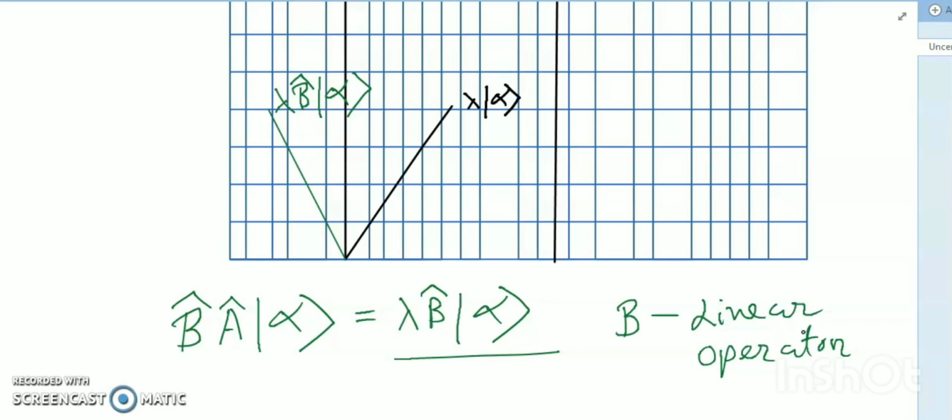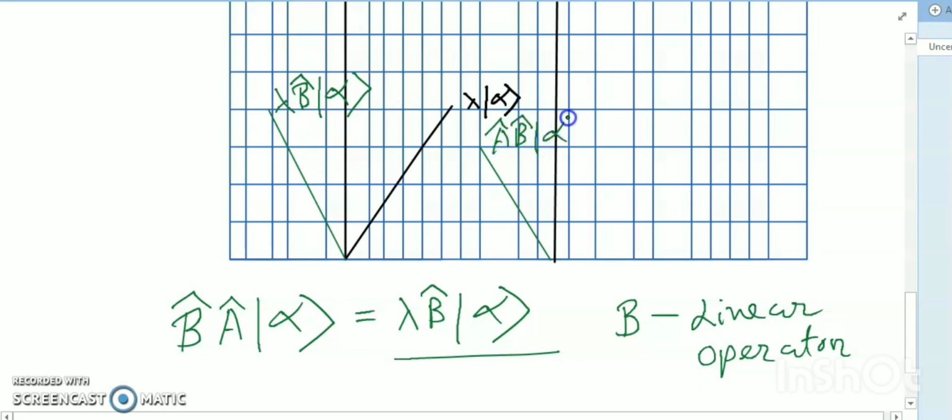This means we have just one choice for what A does. It has to scale the vector by lambda. So if we choose this way, and another way is this, I'm trying to show it graphically.